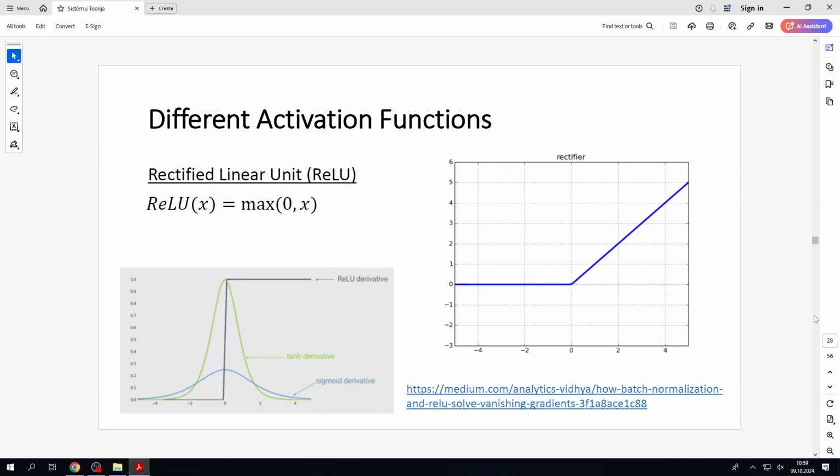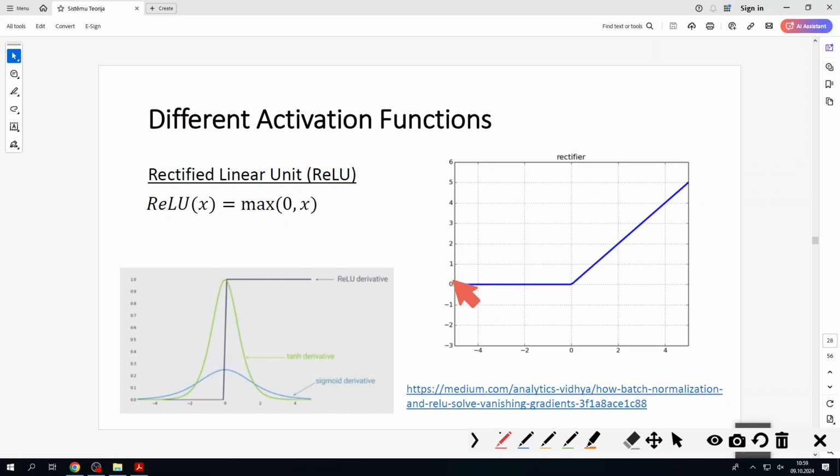So for positive numbers nothing changes, but if the number is negative, it's just going to replace any negative number with a 0. So as simple as that. And this is actually a non-linear operation, because you cannot achieve that kind of effect by adding or subtracting some numbers, yes?